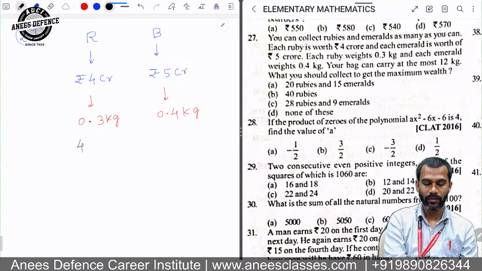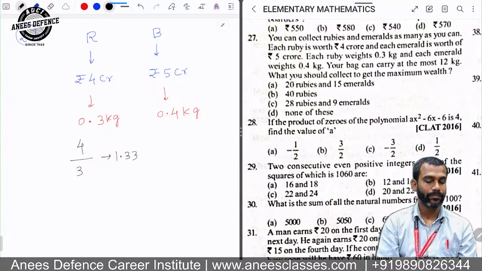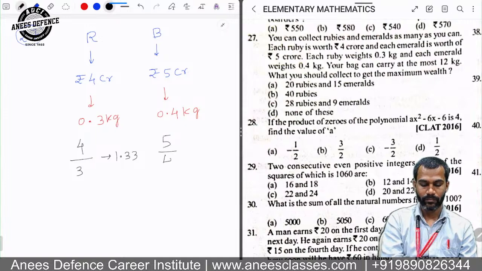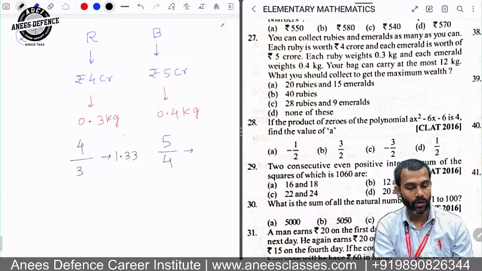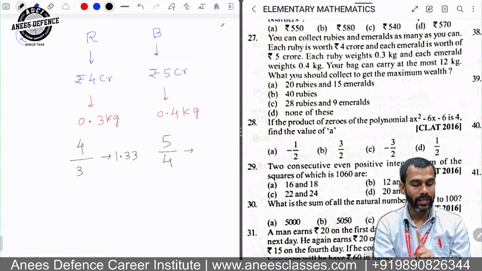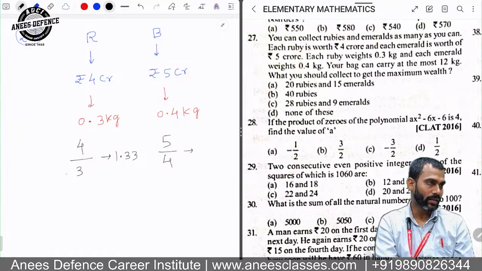What is 4 by 3? 1.33. Yes or no? What is 5 by 4? We need to divide, right? See, 0.3 kg costs 4 crore. So 1 kg will cost 4 by 0.3.